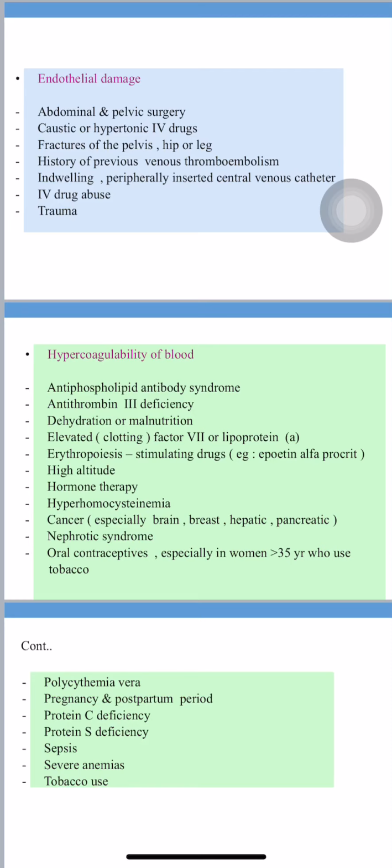Next is hypercoagulability of blood. Hypercoagulability of blood occurs in many disorders. It may include antiphospholipid antibody syndrome, antithrombin III deficiency, dehydration or malnutrition, elevated factor 7 or lipoprotein. Next, erythropoiesis stimulating drugs, high altitude, hormone therapy, hyperhomocysteinemia, cancer, nephrotic syndrome, and use of oral contraceptives, especially women older than 35 years who use tobacco are at double risk for developing hypercoagulability of blood.